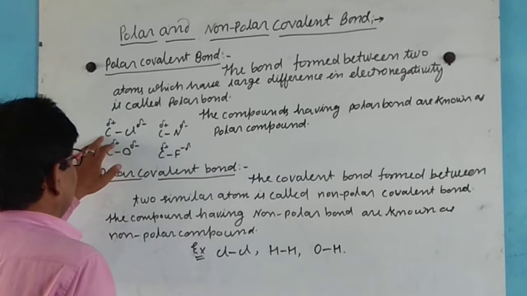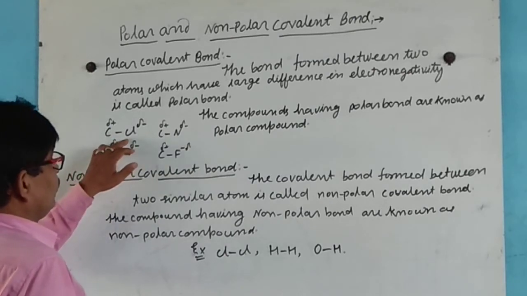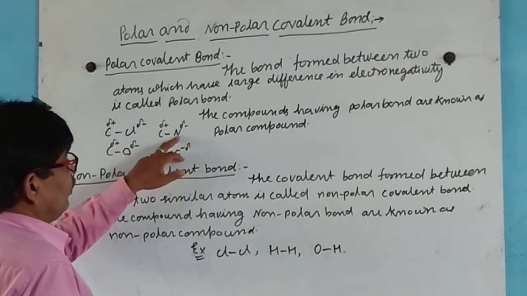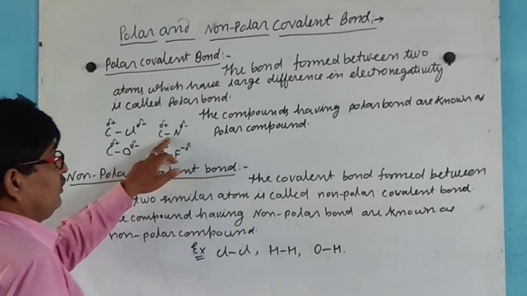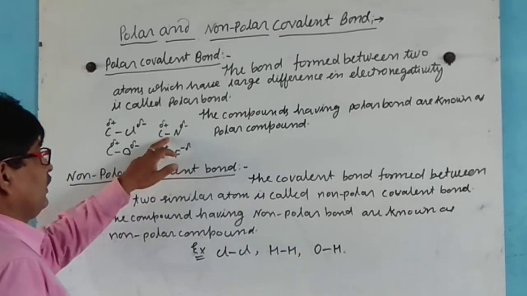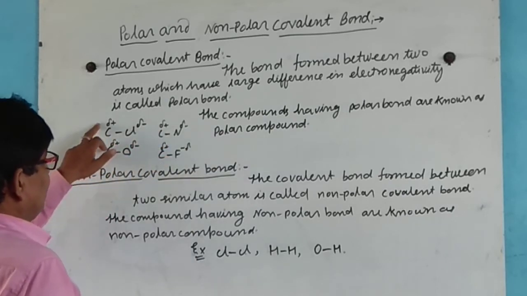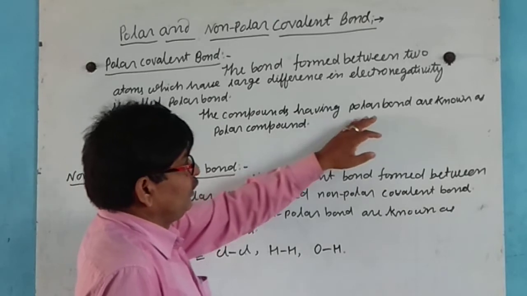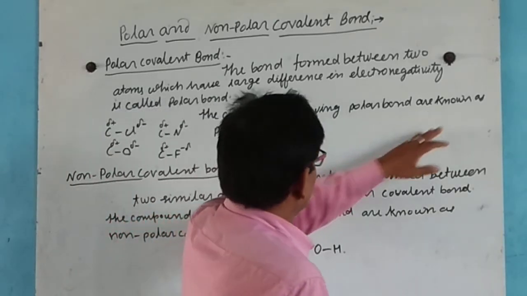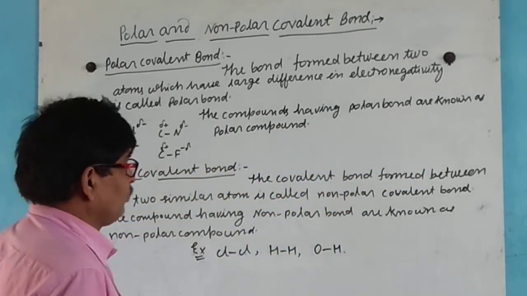For example, carbon and chlorine, or carbon and nitrogen. Due to polarization, partial positive and negative charges develop. Compounds having polar bonds are known as polar compounds.